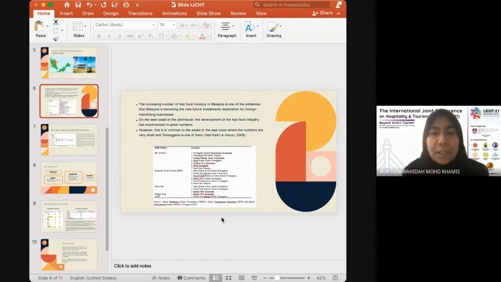Can I rephrase? Why Terengganu? Because Terengganu is one of the tourism attractions for tourists. So we hope that with the opening of franchises from outside, it will help the growth of the economy in Terengganu. Is it clear to you?